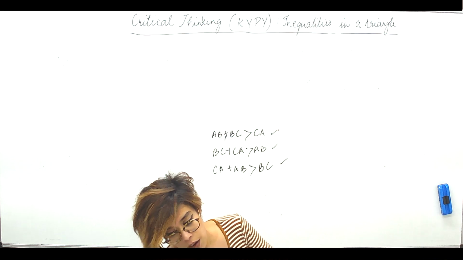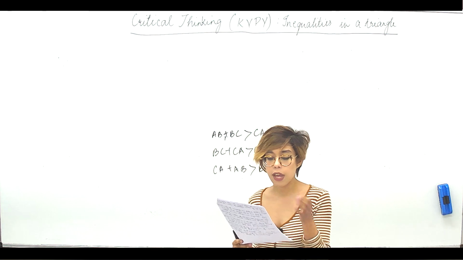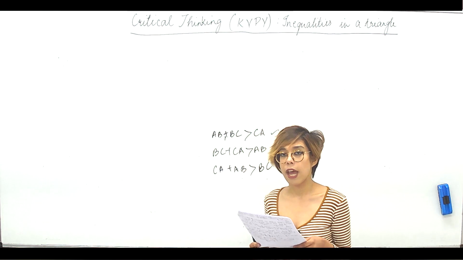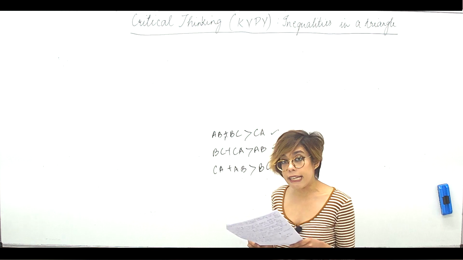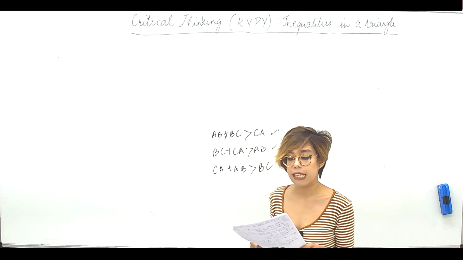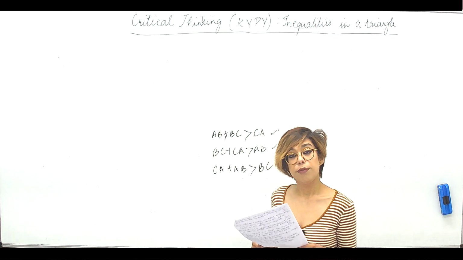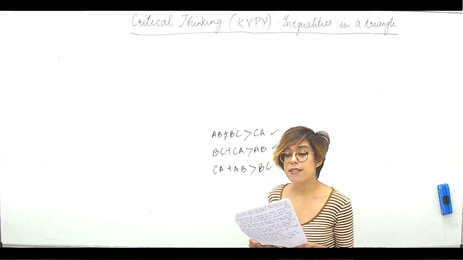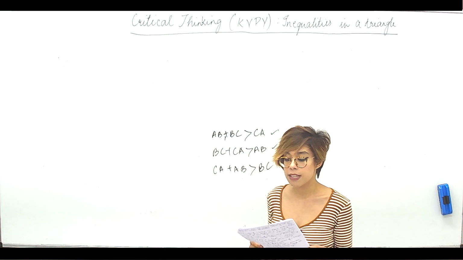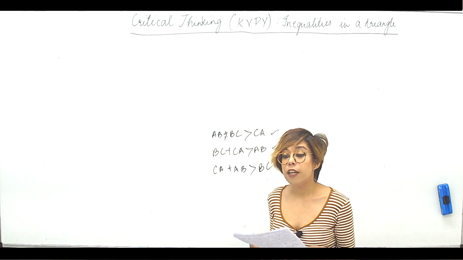So first question, write down. In triangle ABC, AD is the median. Prove AB plus AC is greater than 2AD.